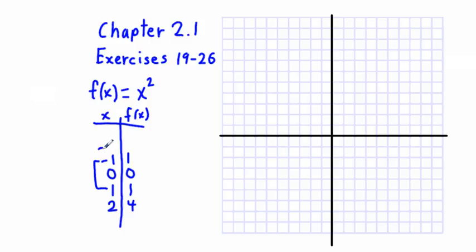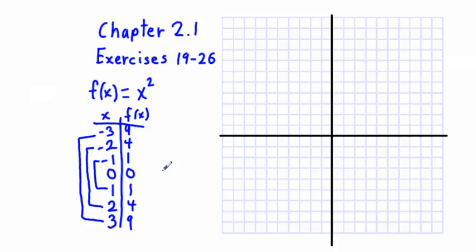And at x equals negative 2, negative 2 squared is also 4. And the last one we'll look at in this simple sketch is an input of 3. 3 squared is 9. And then on the other side, an input of negative 3 is also 9.